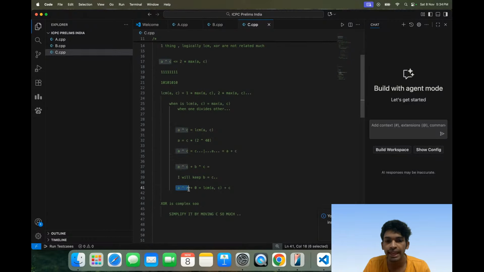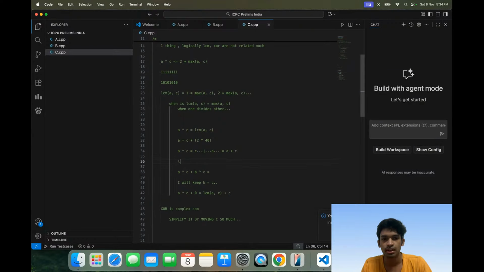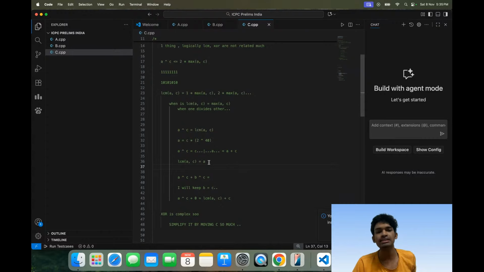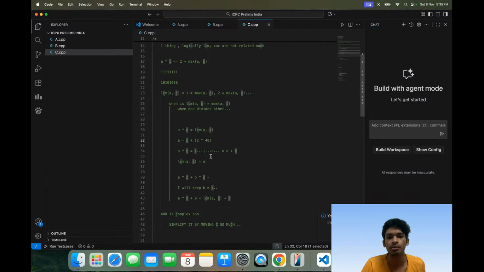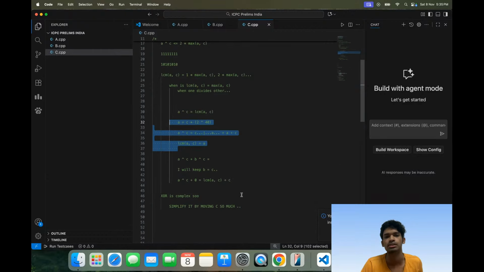We were able to make A XOR C as A plus C. In this case, LCM of A comma C equals A. Why? C divides A. The least common multiple of both of them is A. So this is an answer.